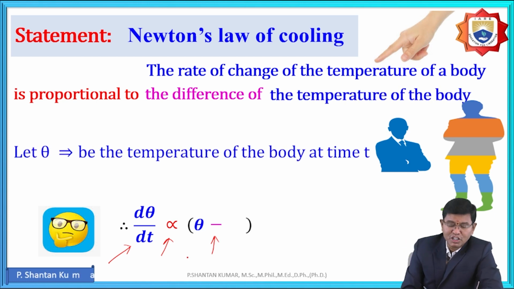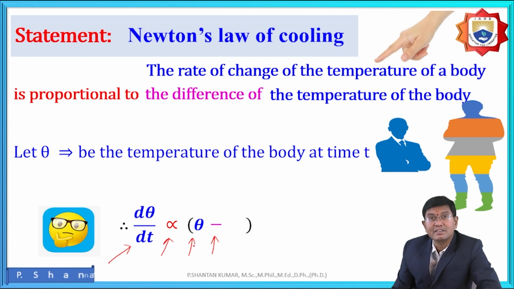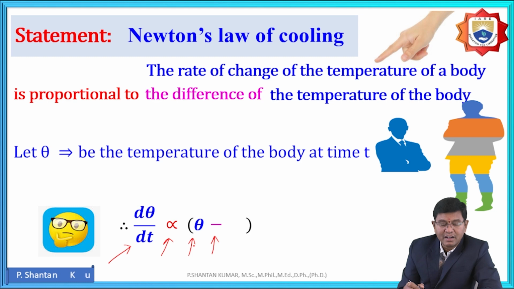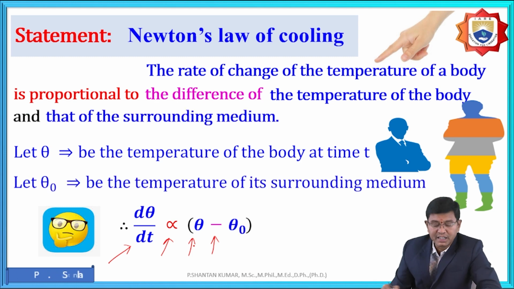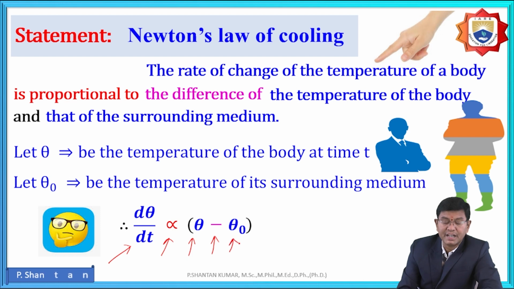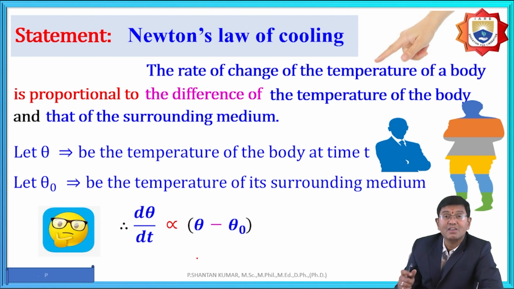The temperature of the body is assumed to be theta, within the bracket, and that of the surrounding medium is theta naught. This is how to remember the statement of Newton's law of cooling and then how to do the problems. We need to remember these logical terminologies.